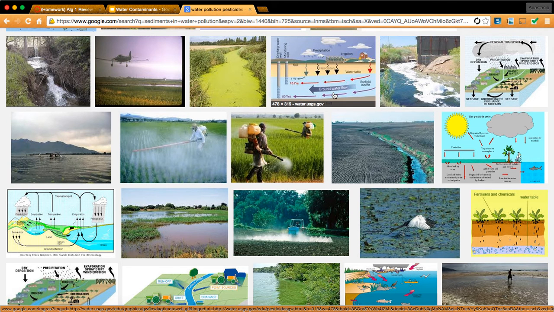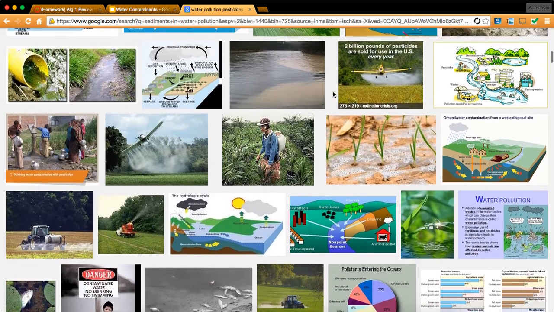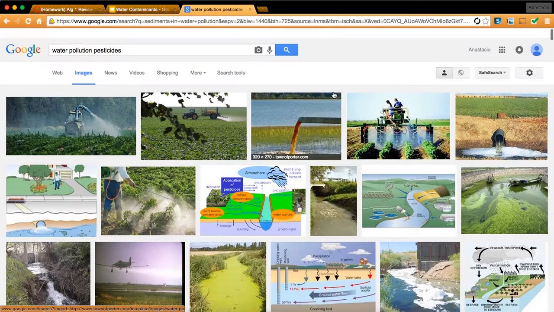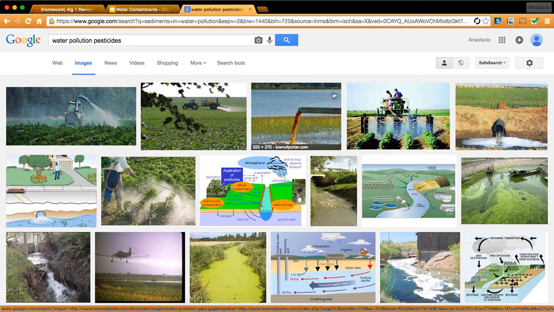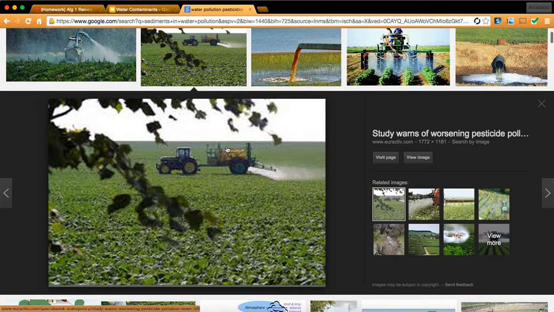We're talking about herbicides, insecticides, fungicides; basically anything that ends with "cide" is your pesticide type of water pollution. They go into our water table and pollute it, so that's definitely something you want to stay away from.